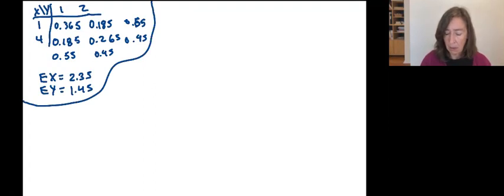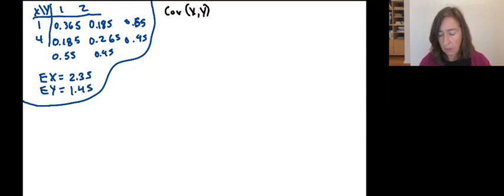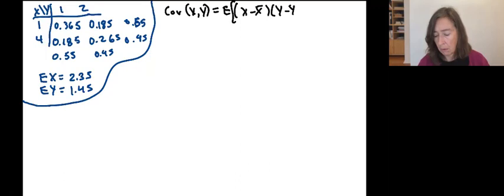And now, what we want is to find the covariance of X and Y. And so that is the expected value, just reminding ourselves of the definition that we had a minute ago, the expectation of X minus X bar, Y minus Y bar.